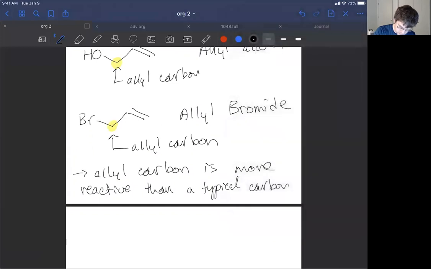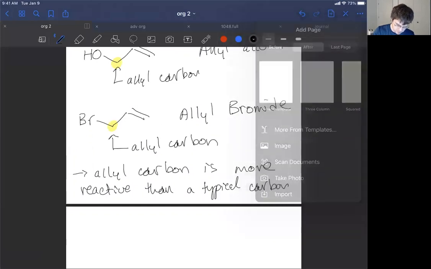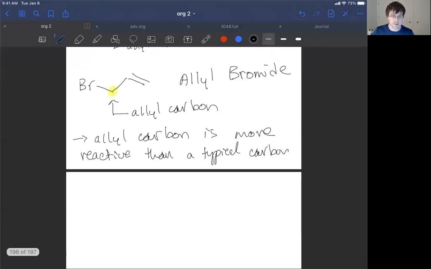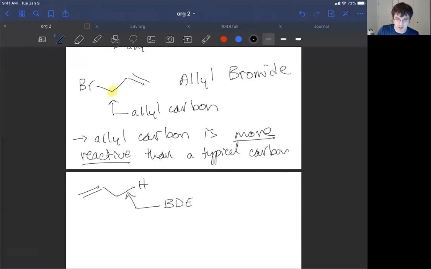Okay, so let's look at some more specific details about why the allyl carbon is more reactive than a typical carbon. If we look at the allyl functional group, I'm going to pick on one of the hydrogens attached to our allyl carbon, and I'm going to point out that its bond is fairly weak.